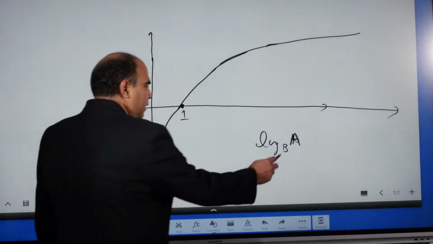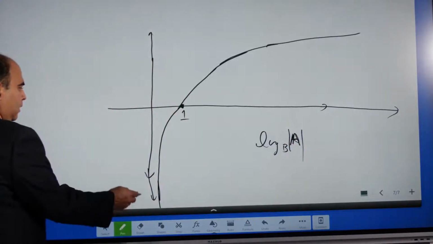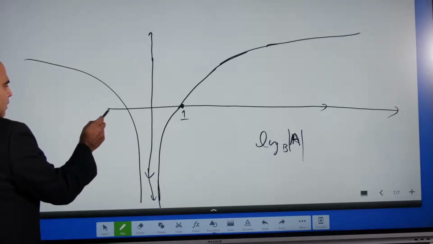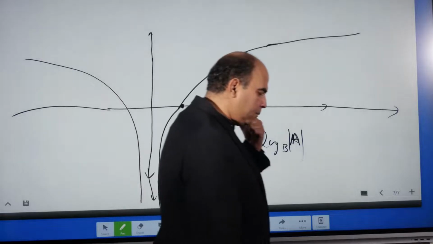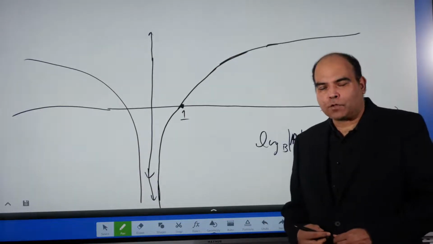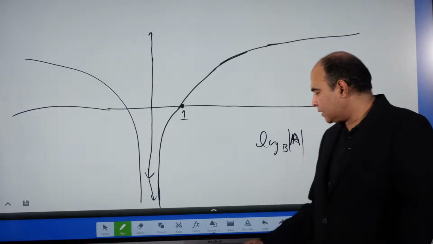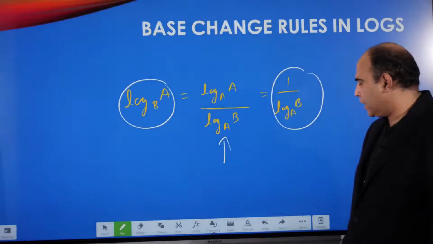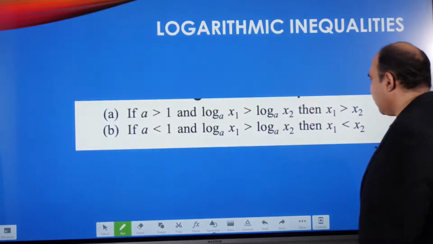Of course, if you put a modulus here, mod A, then you get a mirror image of that on this side. So log mod A to the base B becomes that. We've talked about what happens to graphs when you put a modulus on the argument in my basic classes of block 5, so have a look at that. There's no reason why the log graph will behave any differently.